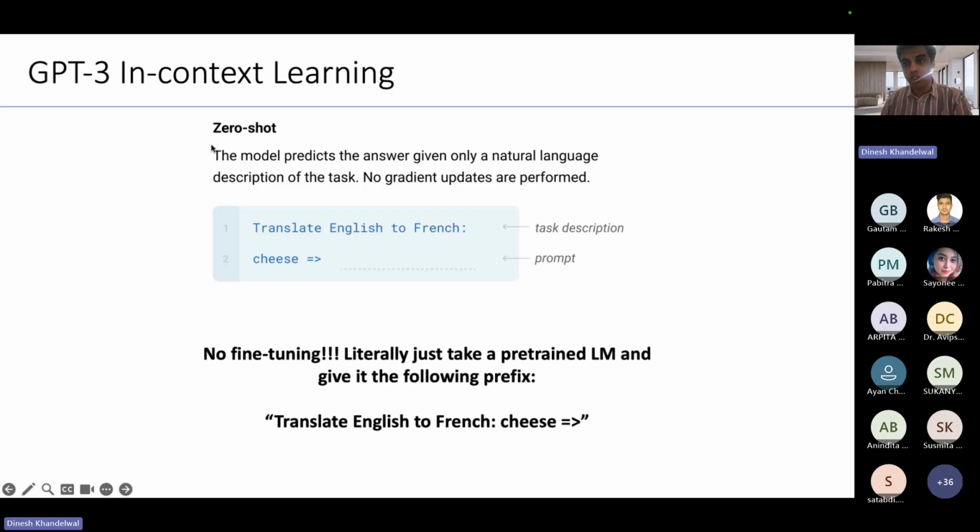This is the zero shot ability, where you don't provide any example. The model is by default able to solve the problem without even particular fine tuning on the task of translation. The model knows how to do that. So here no fine tuning is required. You just give the model an instruction and the input, and the model produces the output.